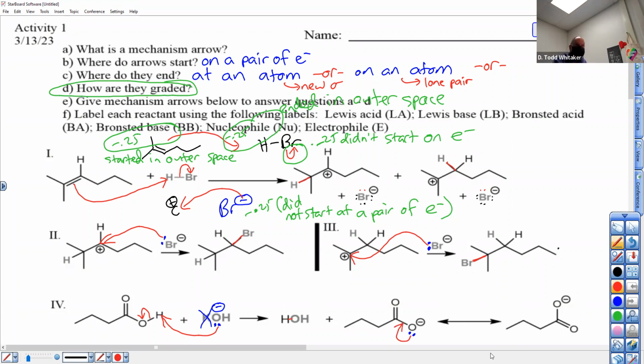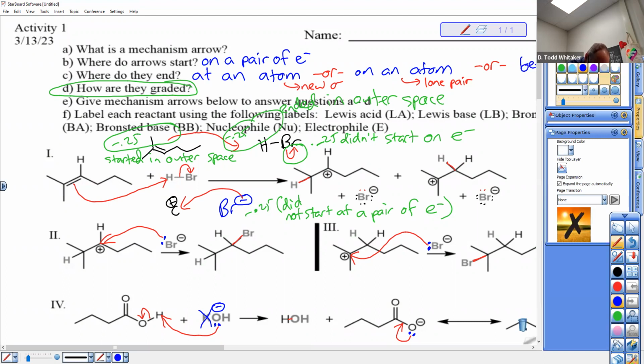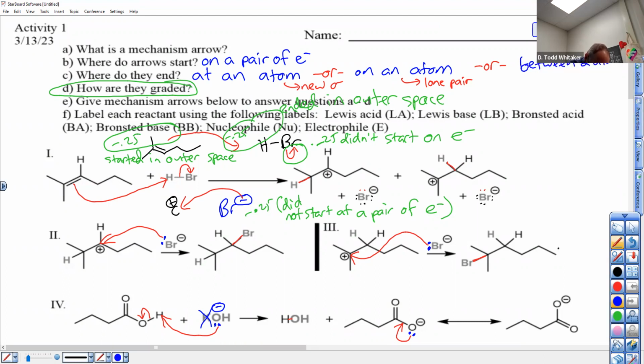Where did they end? Between 2 atoms? And what kind of a bond did you make? Pi. And when you do such a thing, you make a pi bond.